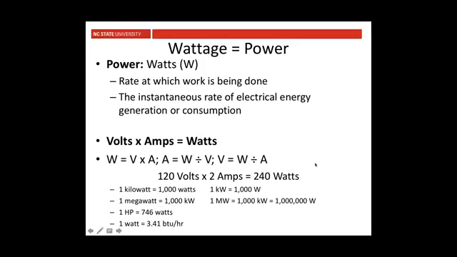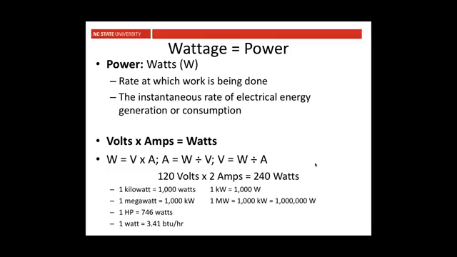If you think about your house, you plug something into the wall, that's a 120 volt outlet. And 240 watts, what would be 2 amps? Maybe a big computer monitor might draw 2 amps. Light bulbs don't usually draw that much power, especially good light bulbs.